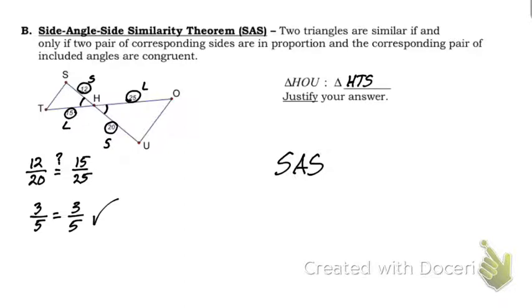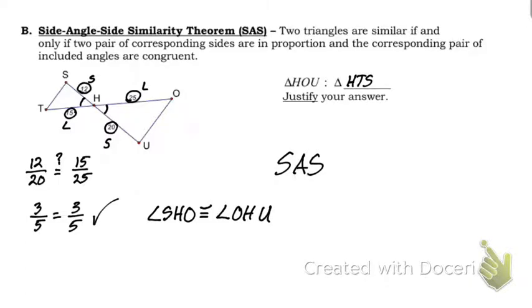It's similar. Yes, Sabrina. Wait, it says side angle side, so there were no angles, there were just sides. We did prove an angle. Oh, yeah. We have angle SHO. If you want to write that, SHO is congruent to angle OHU, and that was vertical angles.